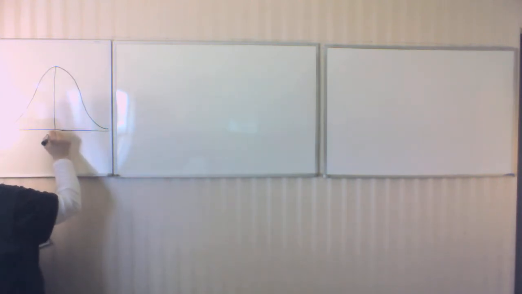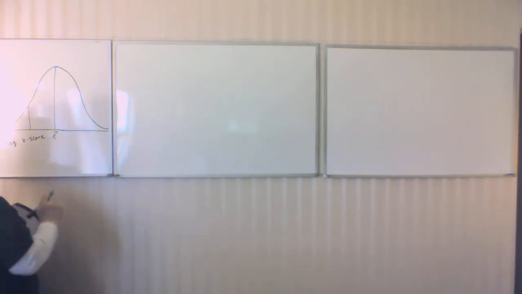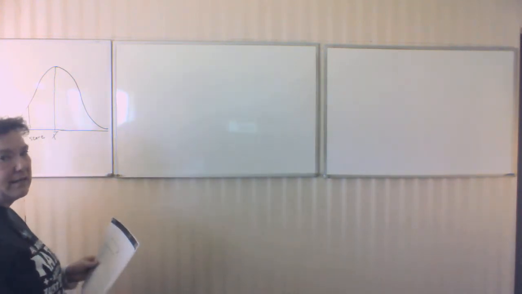So if we have our mean here like we always do, if we're down in the negative z-score, which is down in this part, you will look at one side of the paper.